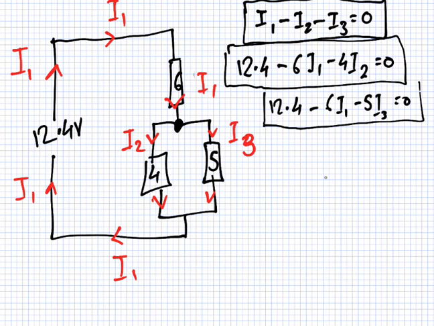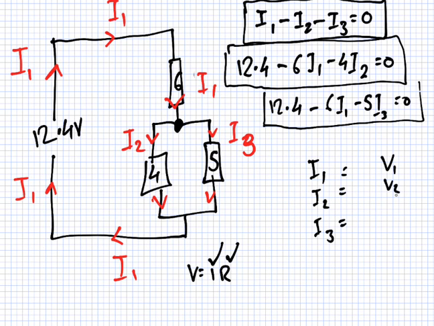So how many equations do you have here? 3. So could you solve for I1, I2, and I3? You could. And then, don't forget, in each of these you have V equals I R. Now, do you know the I's? You do. And do you know the R's? You do. So you can very easily get V1, V2, V3.